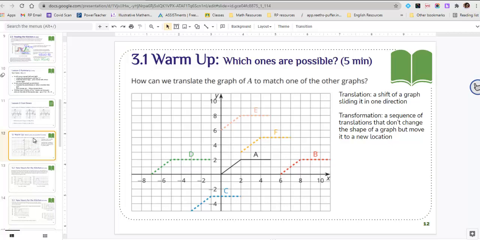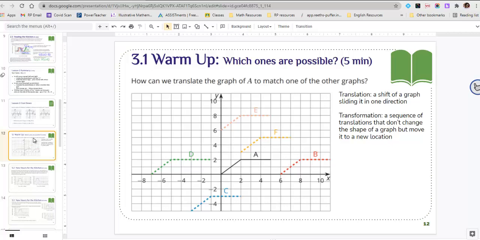Will you turn with me to section 3.1? We're looking at how we can translate graphs in lots of different ways, using left and right translations and up and down translations at the same time.